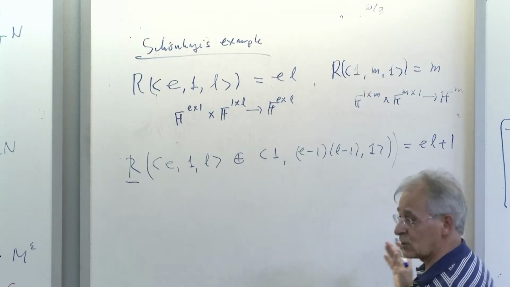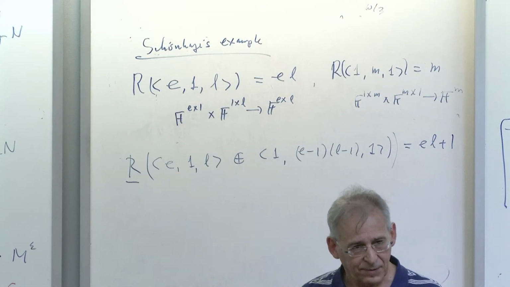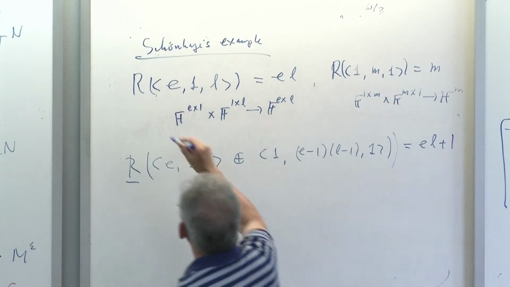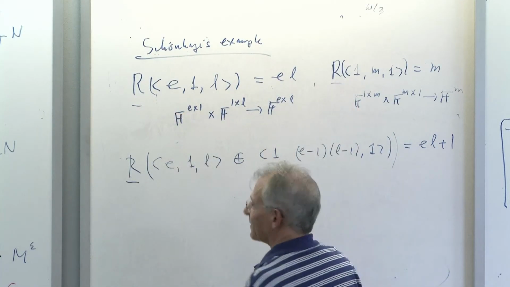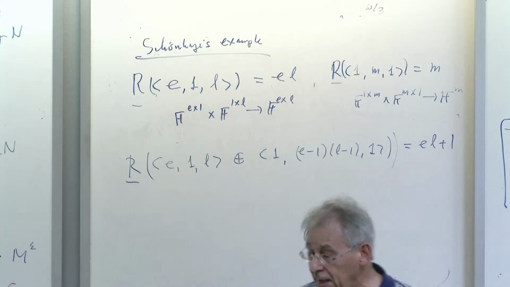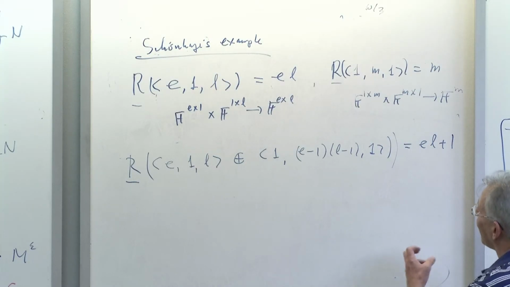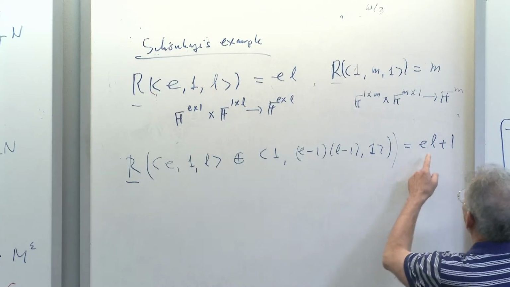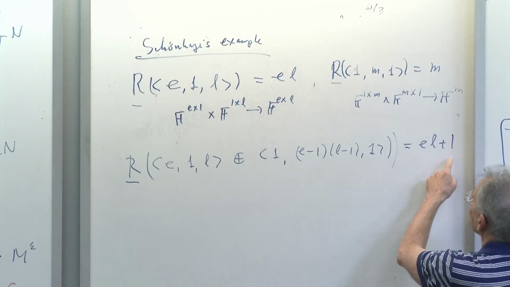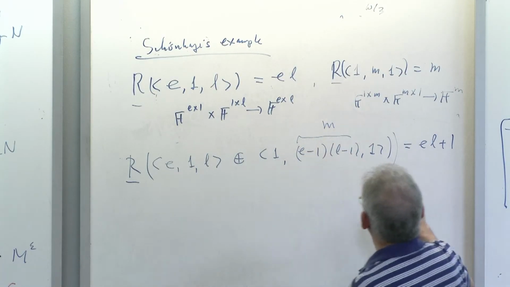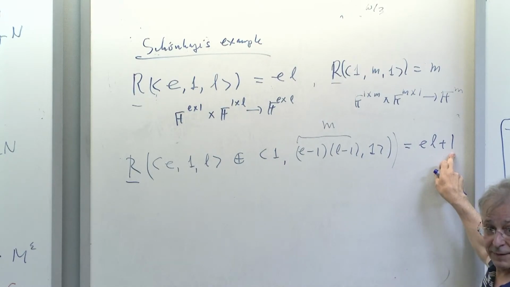Right, the border ranks of those two are also as expected. But you see, the trivial upper bound would have been EL plus M. So this is the M, but here it is just a 1.